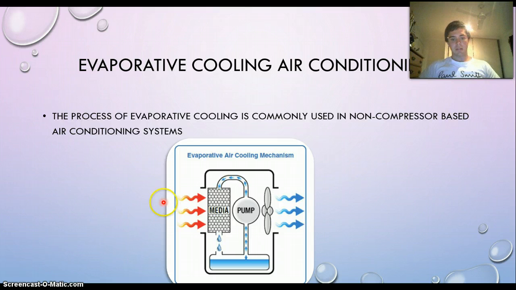As the hot air blows into the system, it uses wet pads here, which get given water from a water tank, which is pumped up using a type of pump, and then as the hot air blows through the wet pads, it uses the same principles as the sea breeze, which cools the air. It also uses a fan or a variety of different fans to help speed up the process and make the system much more efficient.